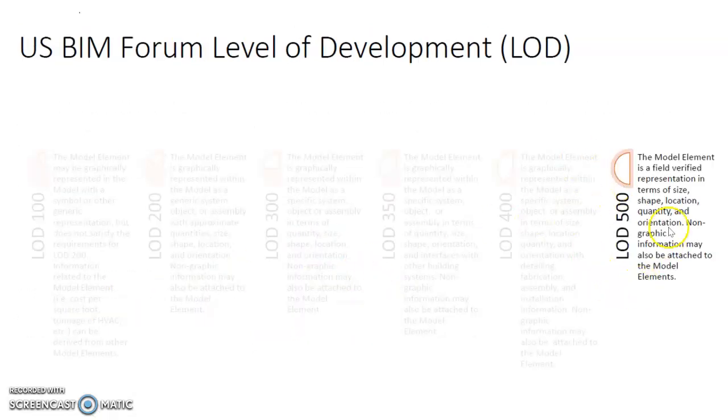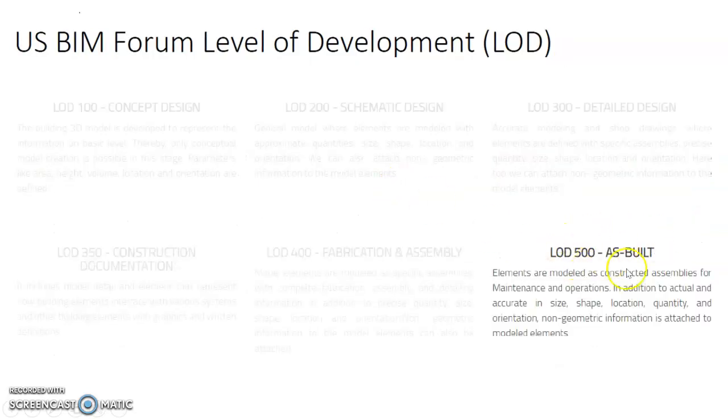The highest level will be LOD 500 in the US system, where your model element is a field verified representation in terms of the size, shape, location, quantity, and orientation. So in a way, it is what we call as-built.